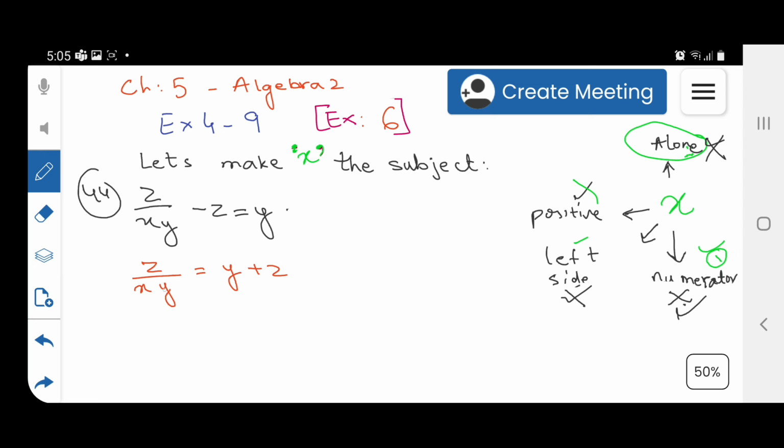Now this x is in the denominator, so we can send it to the other side. Just leave y over here, only shift x. So x will go in the numerator and will be multiplied with both of the terms which are given over here, so we can make a bracket. Now x is no more on the left side, so just switch the sides.